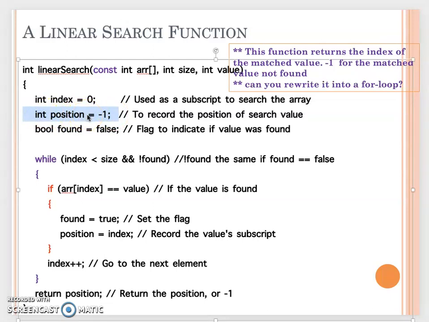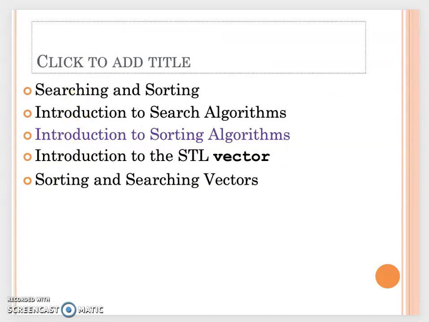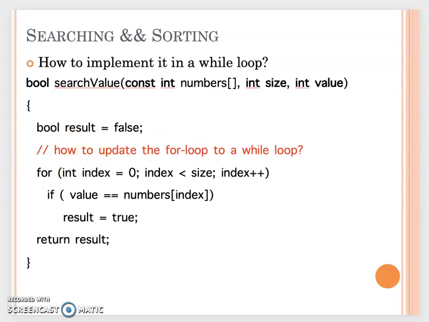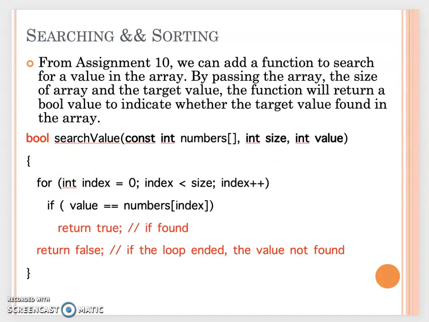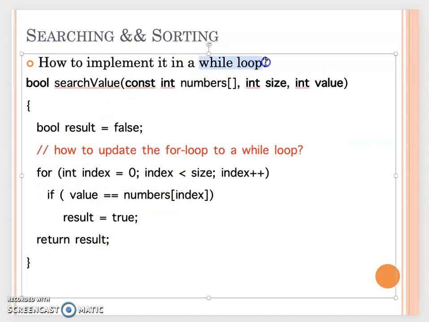But now, since I don't need to know the location, I just need to know whether you find it or not. So when we implement this in the while loop, I don't need the position, but I still need my index.